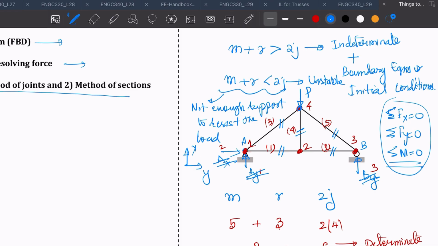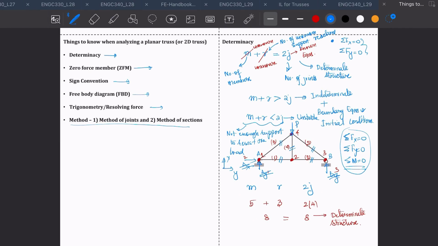Most of the questions in the exam, unless it's specified to find the determinacy, if you're asked to find the unknown member forces of this truss, it means that it is by default a determinate structure. So most of the time we don't worry too much about determinacy unless you are asked in the question to find the determinacy of the truss, then you will use this equation.